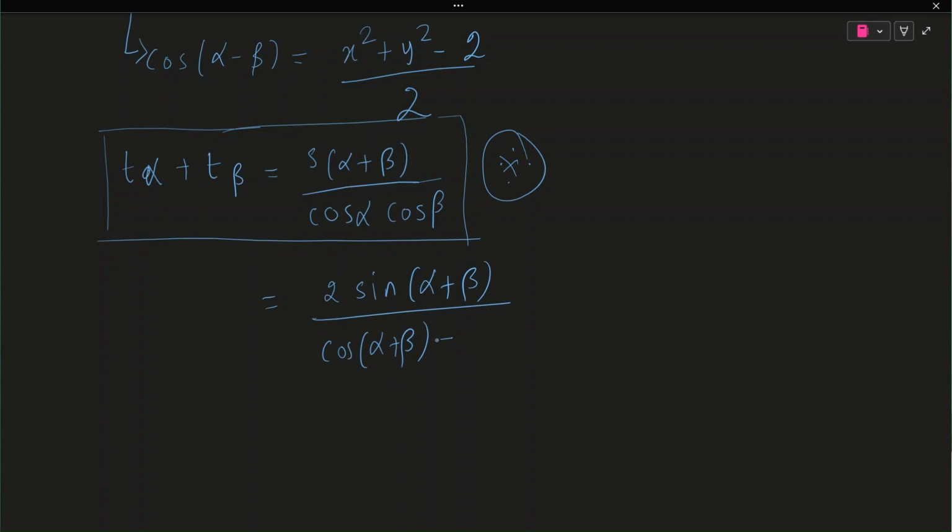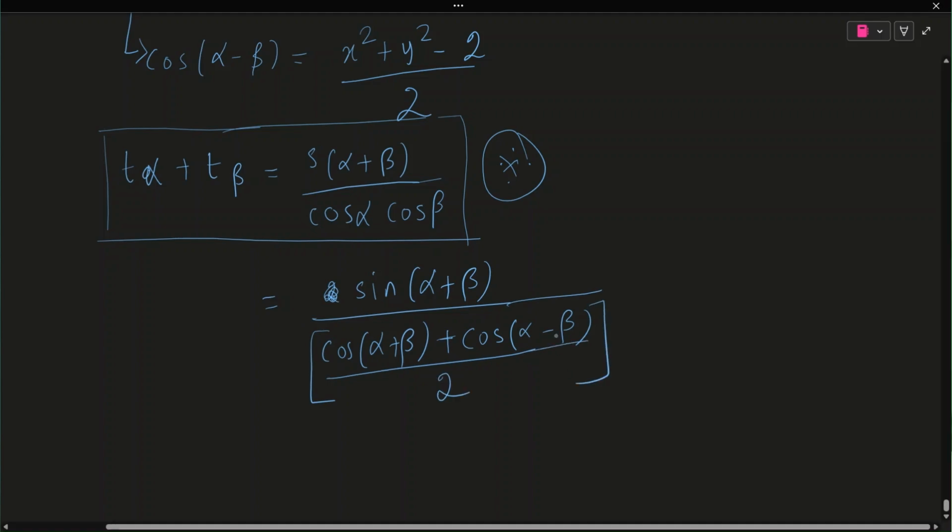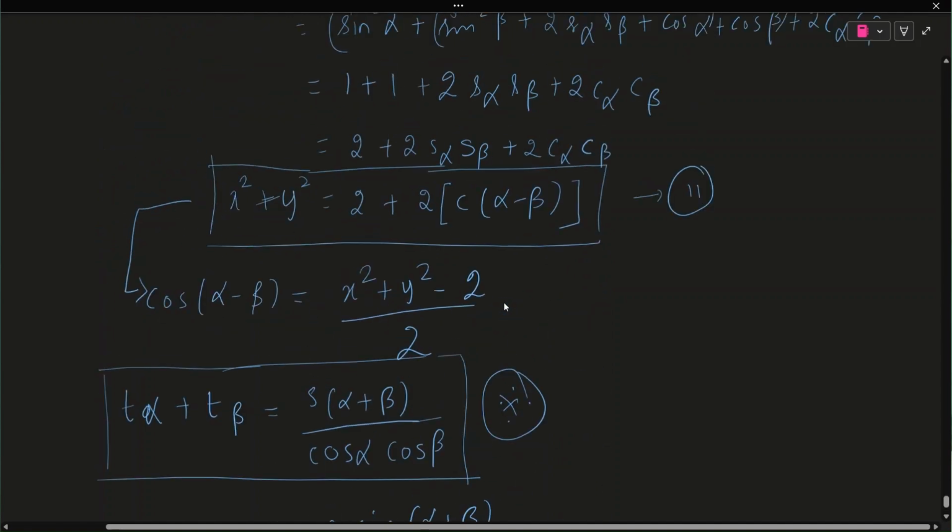Okay, we can write like this. See, tan alpha plus tan beta can be written as sine of alpha plus beta divided by cos alpha cos beta, and cos alpha cos beta can be written in transformation form like this.